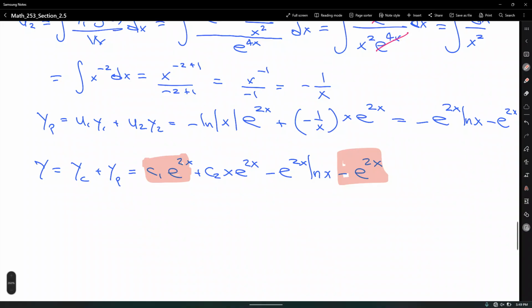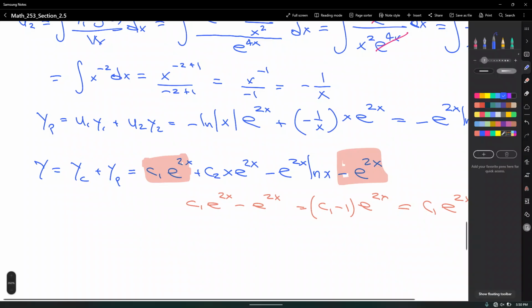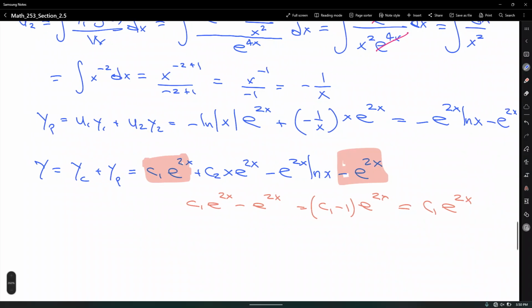So you want to make sure to simplify all the way, because C1 e to the 2x minus e to the 2x is C1 minus 1 times e to the 2x. Do you guys agree with this? Factoring the exponential. But that's a constant. We don't know what it is. Minus 1, isn't that just another constant? So by absorption, this is equal to simply C1 e to the 2x. Back to the final result.